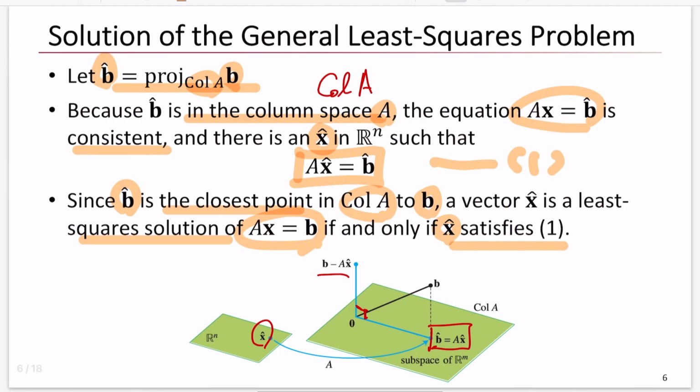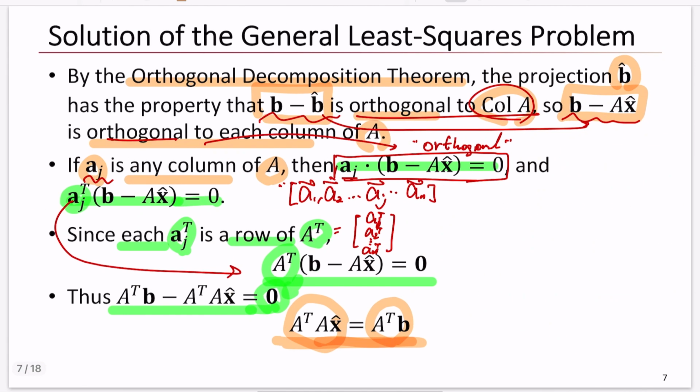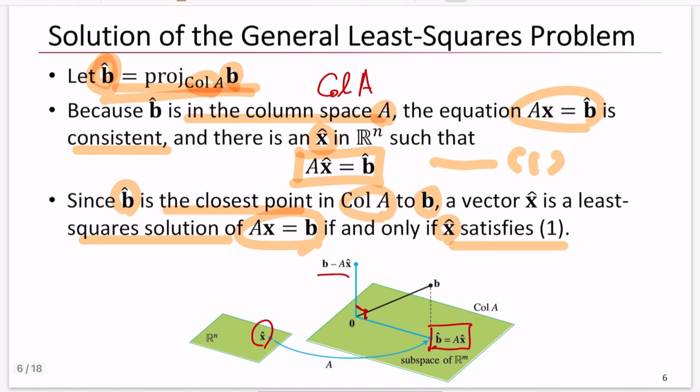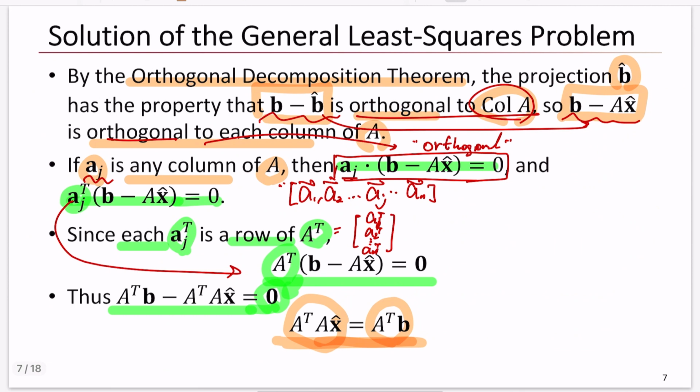In other words, we have to find x hat, where b hat is the projection of b onto the column space of matrix A. Based on the property that b minus A x hat should be orthogonal to this vector b hat, which is equal to A x hat, we can rewrite the new equation: A transpose A times x hat is equal to A transpose b.